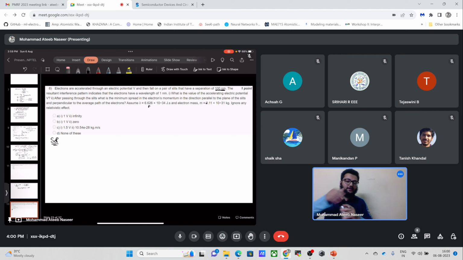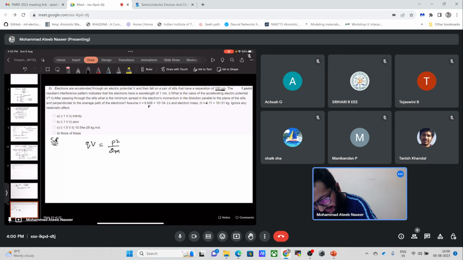Since this potential energy is given by V, by energy balance we can simply say this qV is equal to ħ²k²/2m, or p²/2m, which is this energy balance simply.